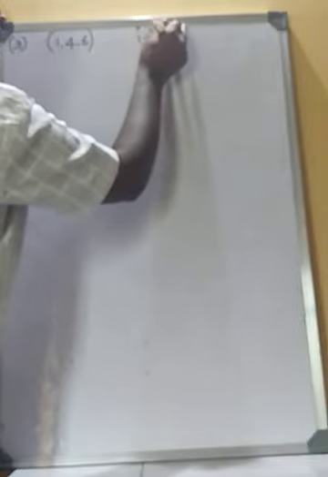The next, example 3. Find the vector and Cartesian equations of the plane that passes through the point (1, 4, 6) and the normal to the plane is i minus 2j plus k.